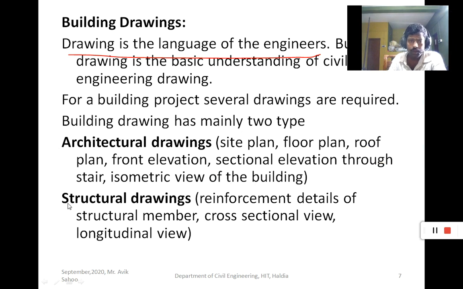And the structural drawing, where structural details are drawn. So here the reinforcement details of structural members are drawn in structural drawings. Cross sectional view and longitudinal view are also drawn.